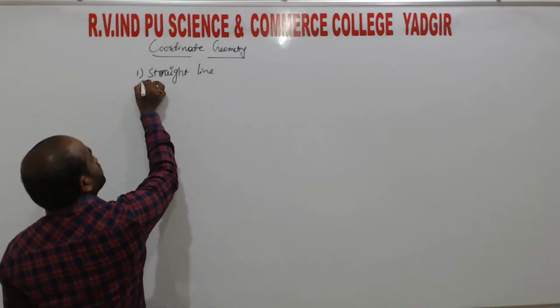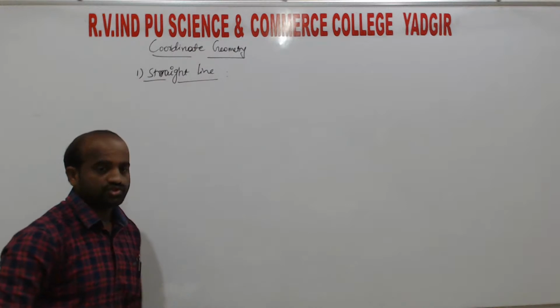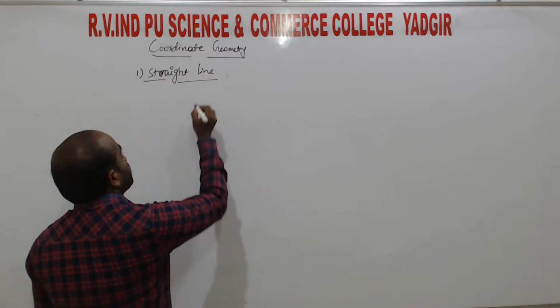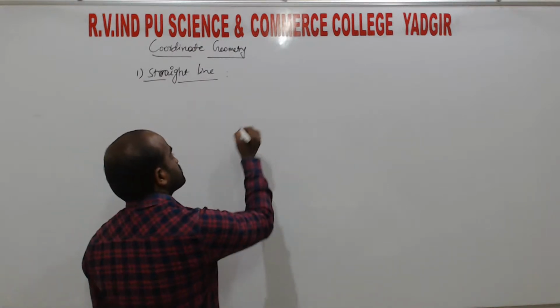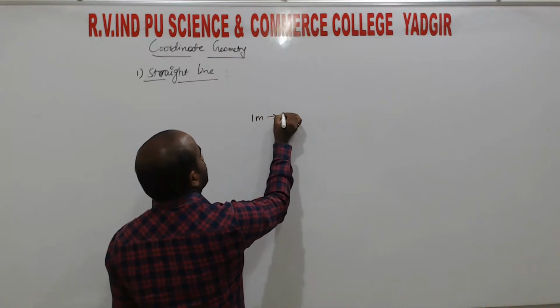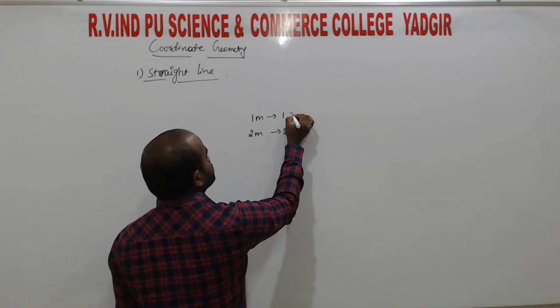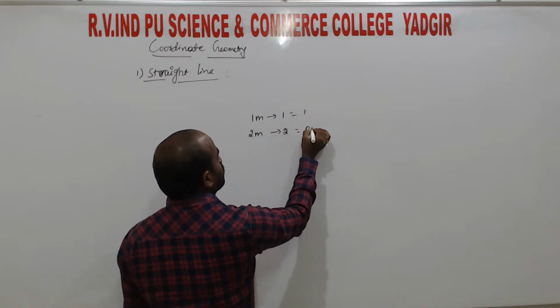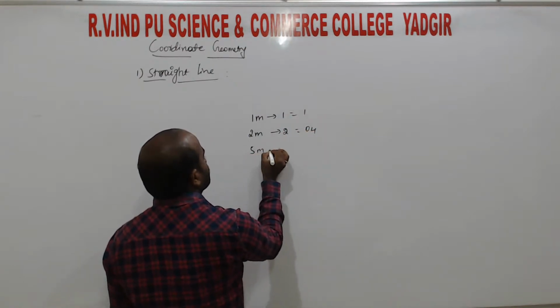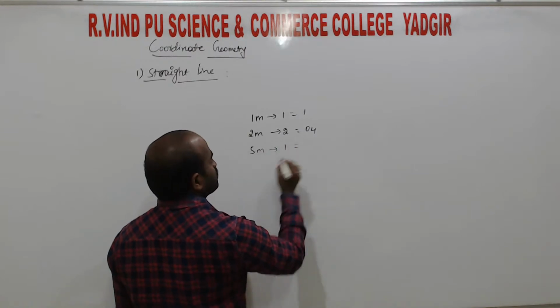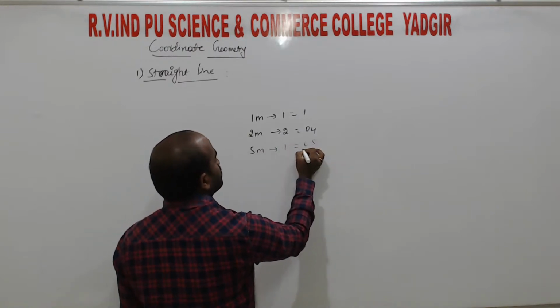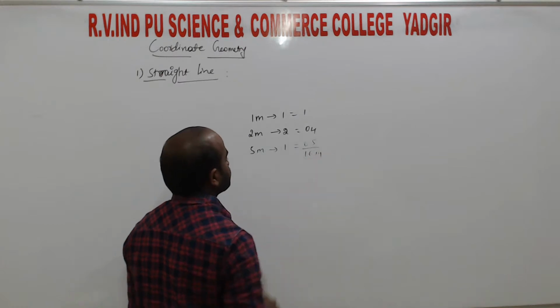Straight line in this coordinate geometry. The weightage of this chapter is 1 mark 1 question, 2 marks 2 questions, and 5 marks 1 question, total 10 marks.